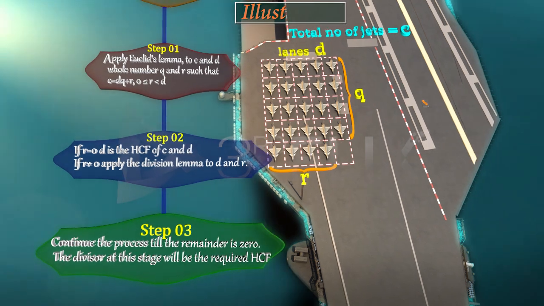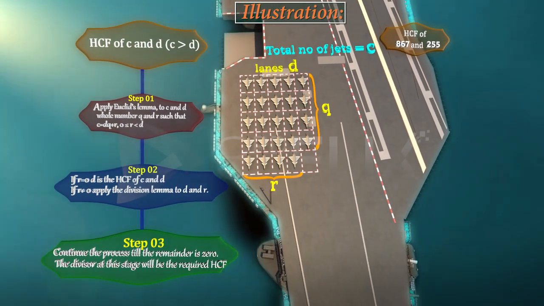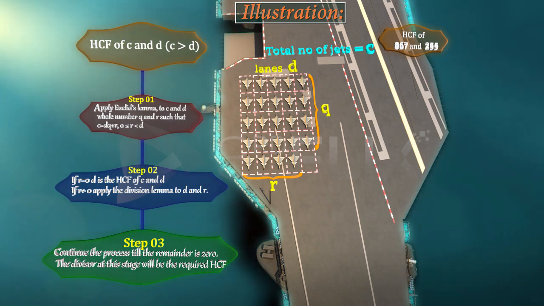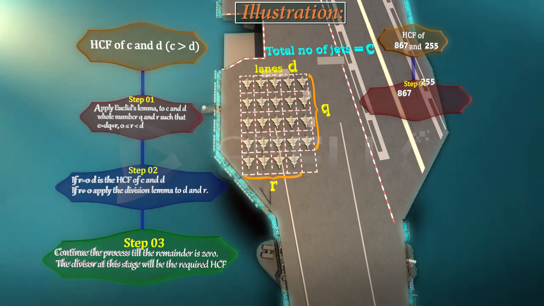Illustration. Use Euclid's algorithm to find the HCF of 867 and 255. Here, from the given positive integers, we observe that 867 is greater than 255.